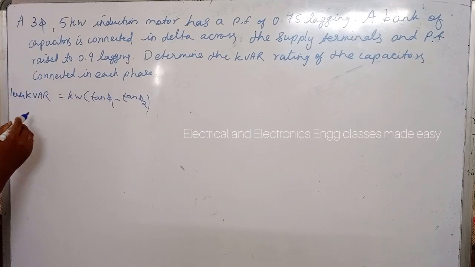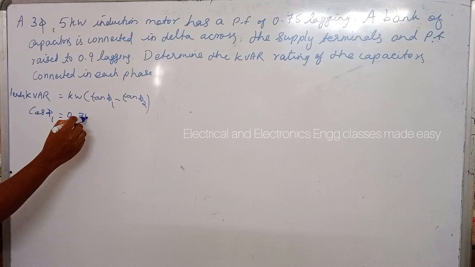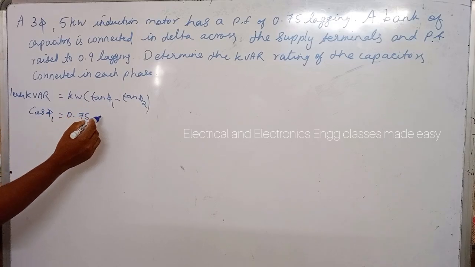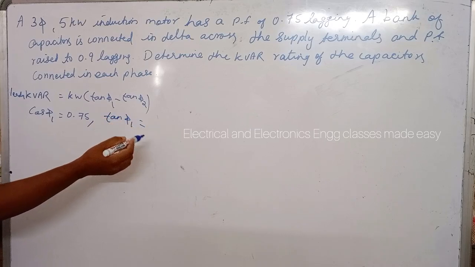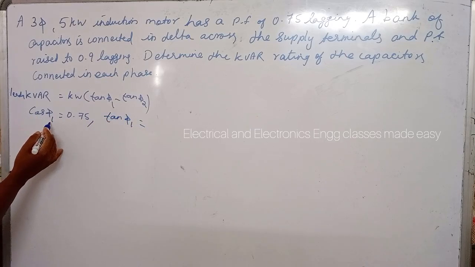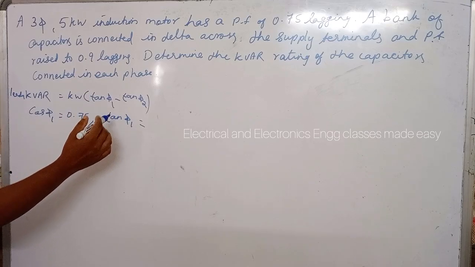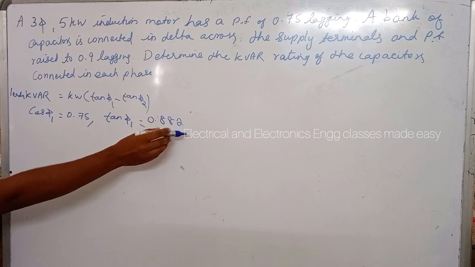Here the first power factor cos phi 1 is given as 0.75. From this we can calculate tan phi 1. After calculating the value of phi 1, we can calculate tan phi 1 and we get it as 0.882.